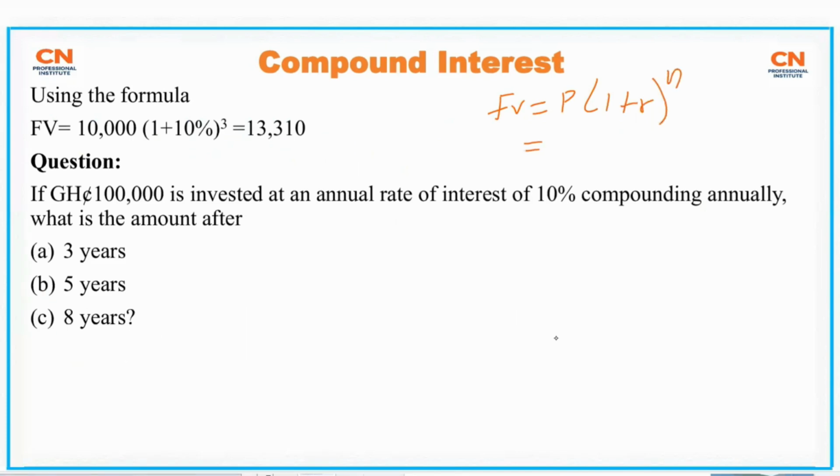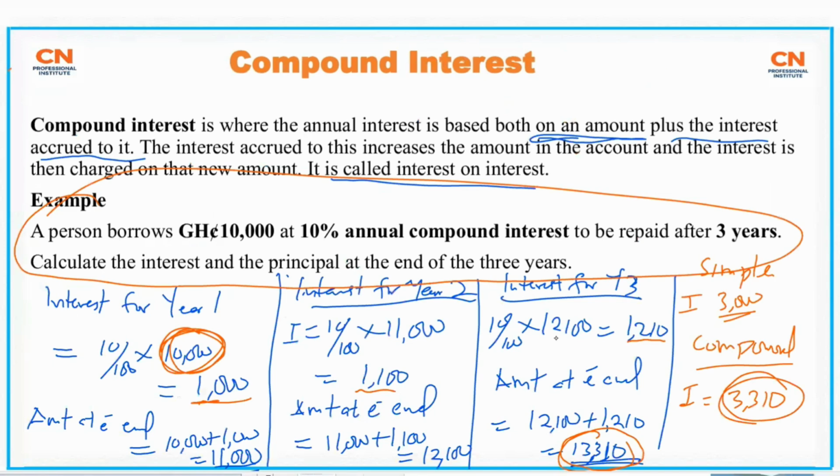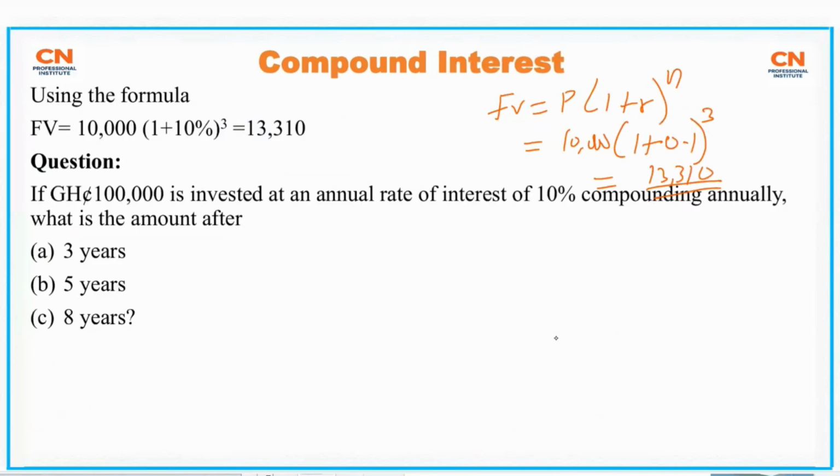We don't know the future value. The principal is the loan you've gone for, 1 plus the rate, which is 10%, so 0.1, for 3 years. If you do this, you get 13,310. So you see, instead of going year by year as we did here to get the 13,310, you can use the formula. Okay, let's continue.